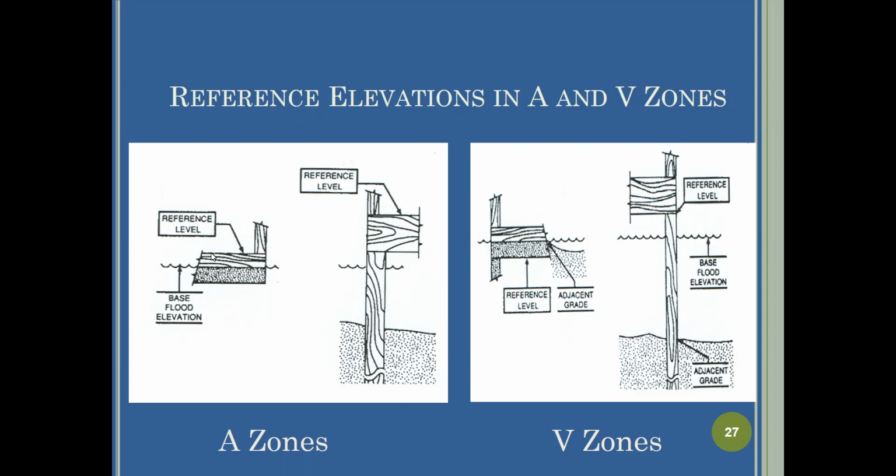Concrete slab, and you've got the wood structure here. The reference elevation is still the top of that floor if you're in an A zone. Elevated structure in a V zone, what's the bottom of that structural beam? In an A zone, what's the top of the structural beam? This exhibit's right out of the handbook.